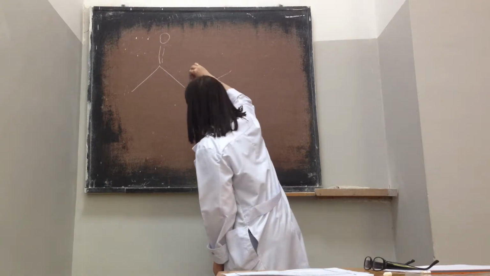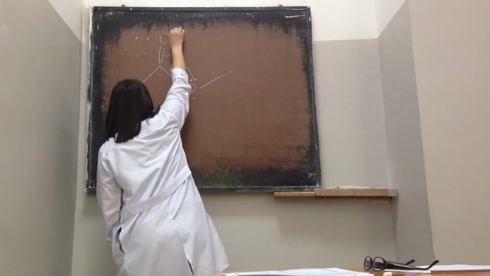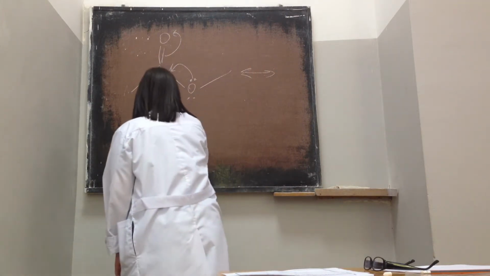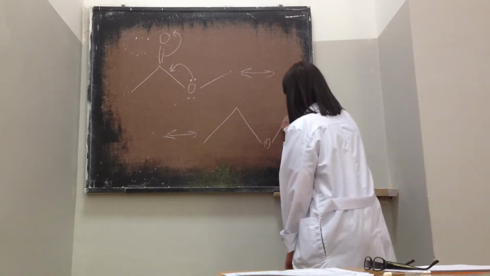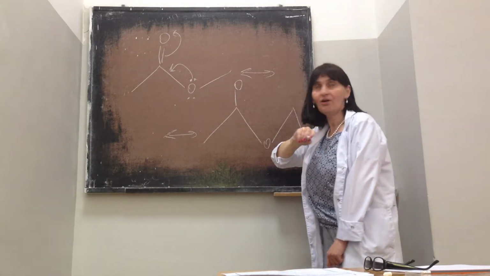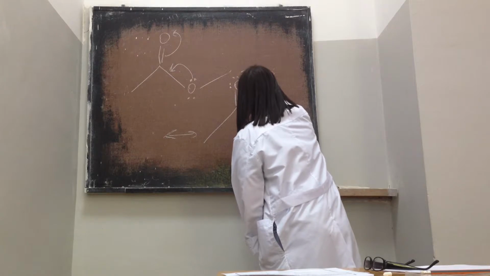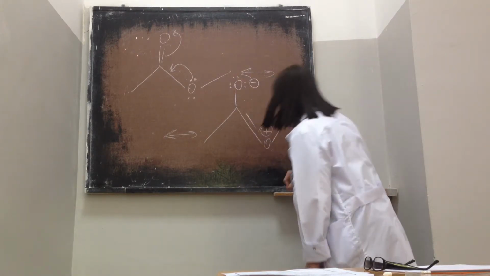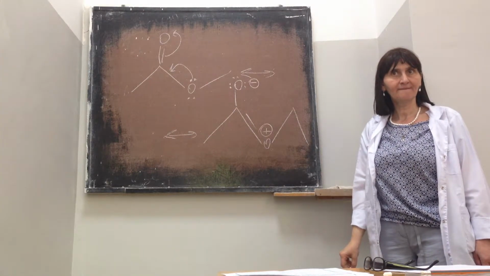If these two electrons move here, you have to break this bond, and finally you get this version. Double bond here, single bond, and this oxygen gets minus charge and this oxygen plus charge. Here you have a double bond. You got it? Yes, we understood.